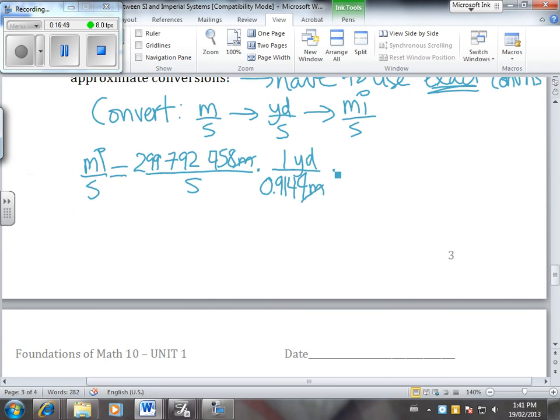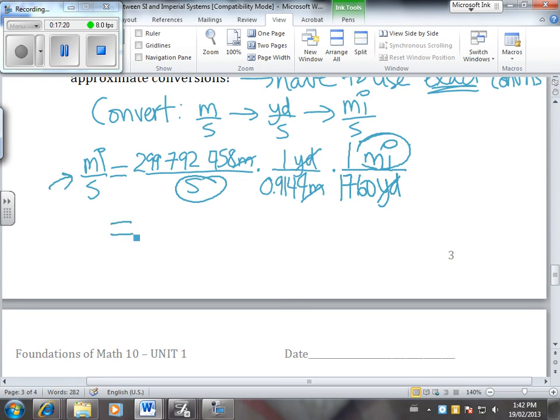But now we have yards per second, and we want miles per second. So again, we leave our seconds alone, but we want to get rid of our yards. So we'll put our yard on the bottom, 1 mile, and in 1 mile there are 1,760 yards. Now our yards cancel out. Now the only units left I have on top are miles. The only units left on bottom I have are seconds, and we wanted miles per second.